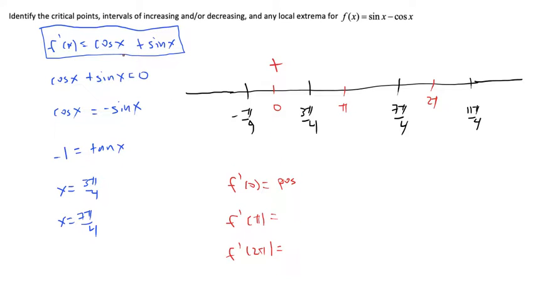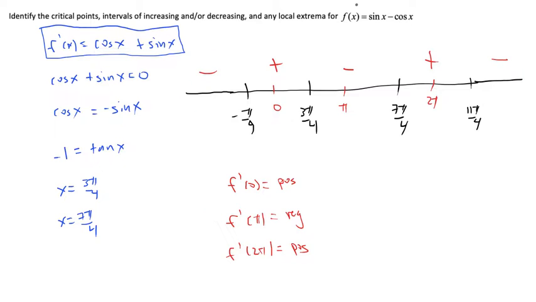What happens if you plug in pi, cosine of pi plus the sine of pi? That's going to give us a negative 1. Doesn't matter what the number is, all that matters is that it's negative. When you plug in 2 pi, same thing as 0: we get 1 plus 0, a positive result, and this pattern is going to keep repeating.